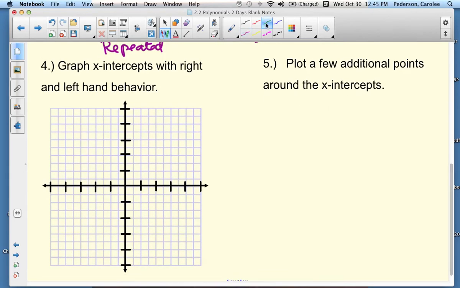I'm going to just change my scale a little bit to stretch out. So on my x-axis, I'll go by 2. And on my y-axis, I'll go by 2. So this would be by 1/2. 3, 4, 5. 1, 2, 3, 4, 5.